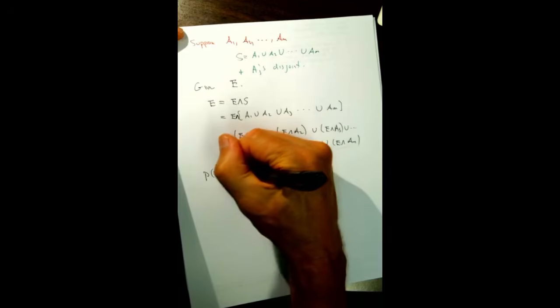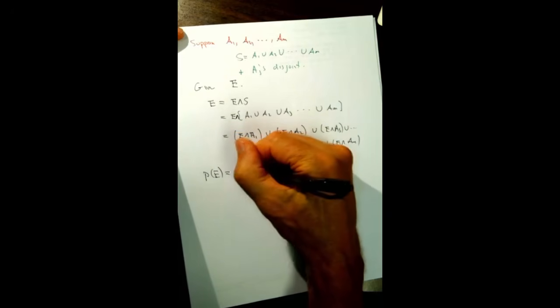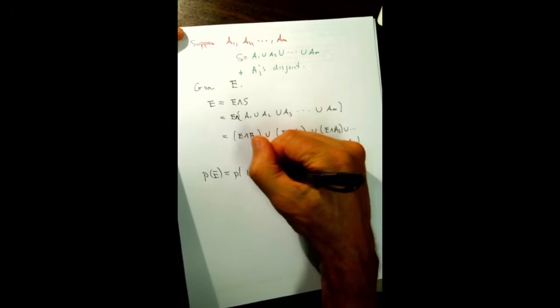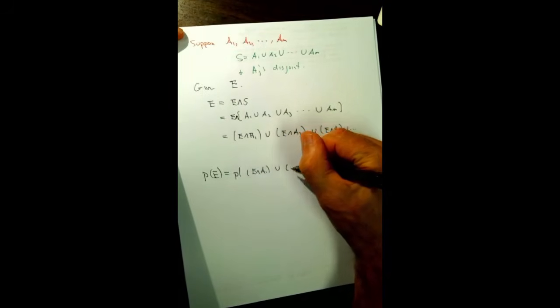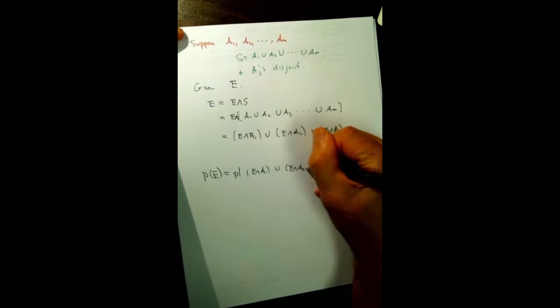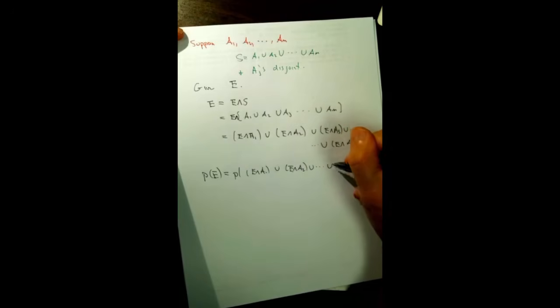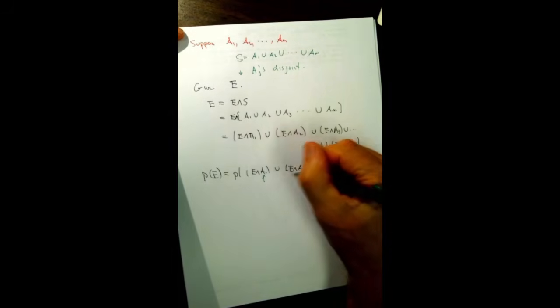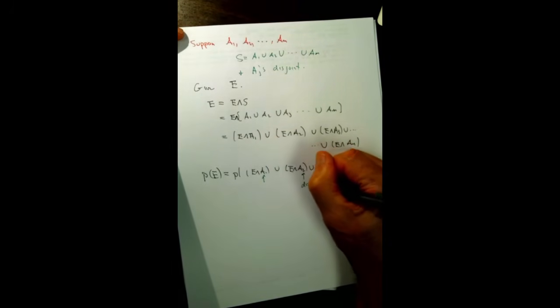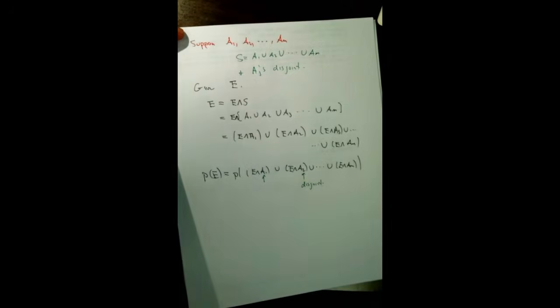So this means that the probability of E is going to be the probability of E and A1 union E and A2. This goes all the way down to E and AM. I claim these are all disjoint. Why are they disjoint?